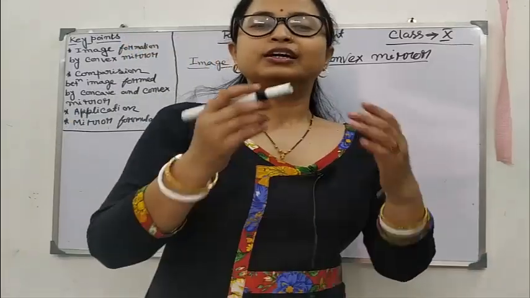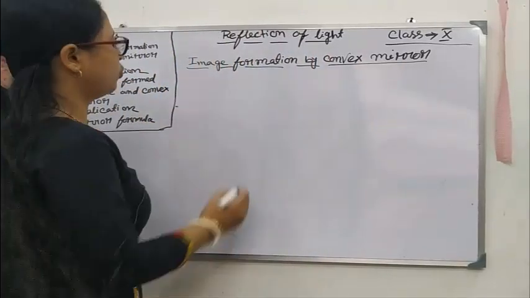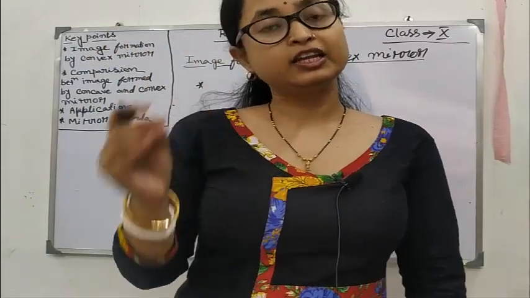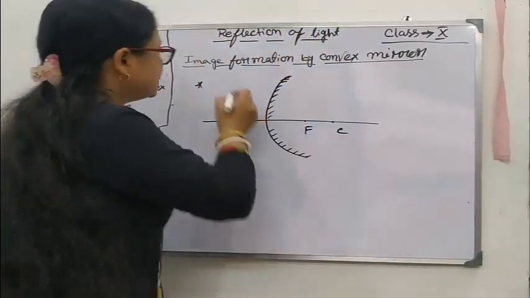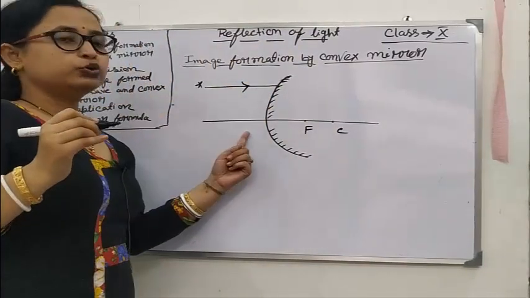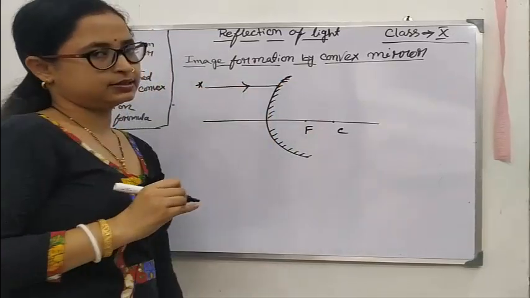Now if the object is placed at infinity, then what happens? It will produce a parallel beam of light. That means the rays come parallel to the principal axis.